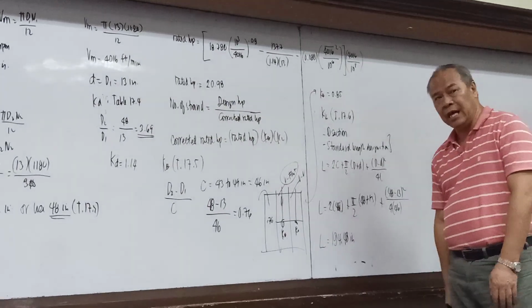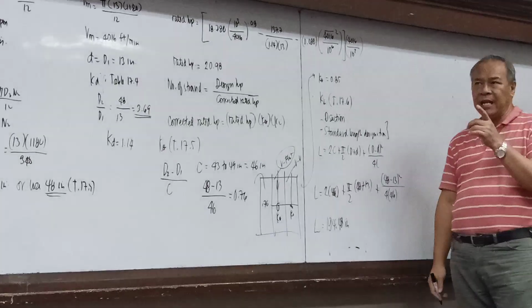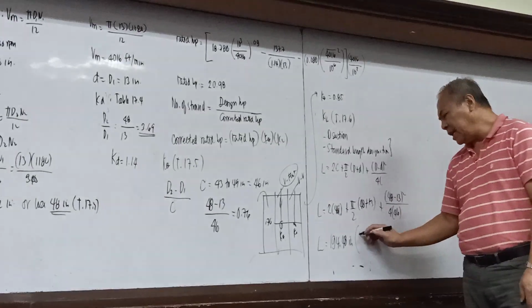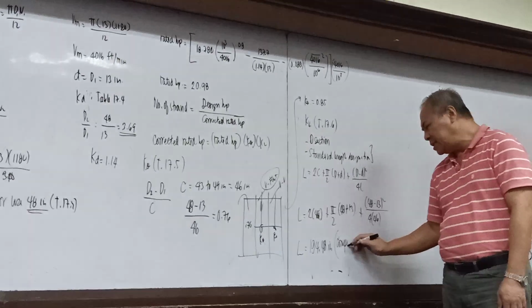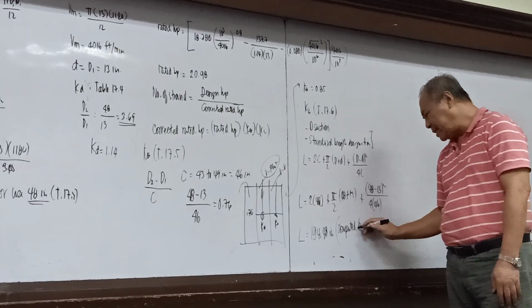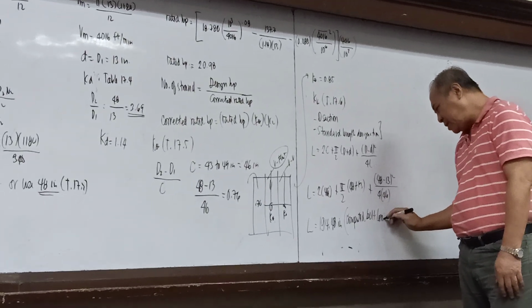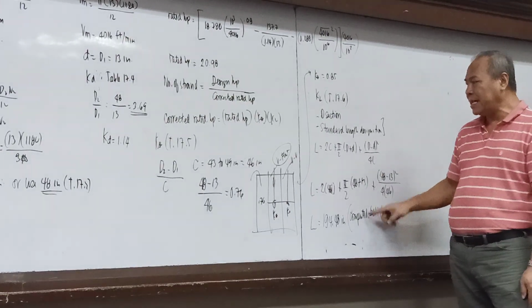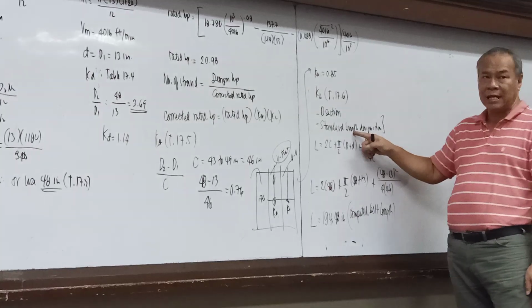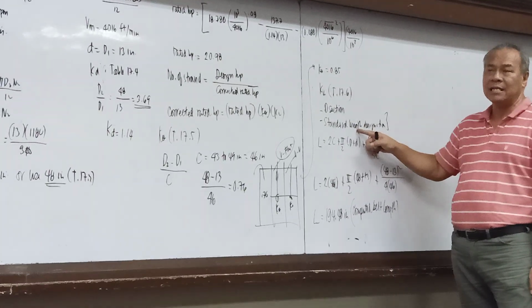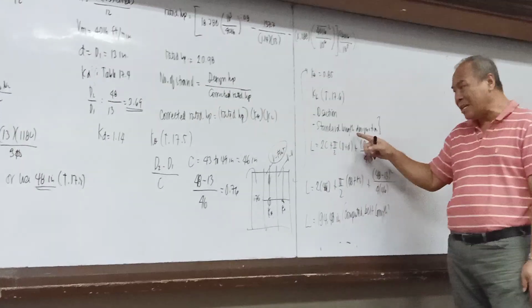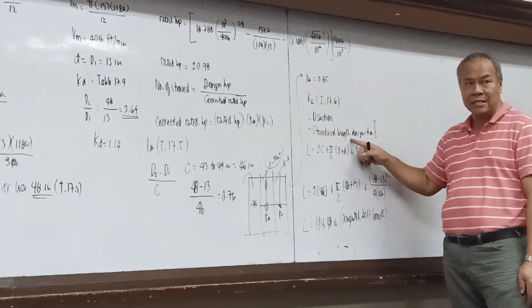Now, take note that when you compute for the length of the belt using this equation, ito ay tinatawag natin na computed belt length. This computed belt length is not yet equivalent to the standard length designation.